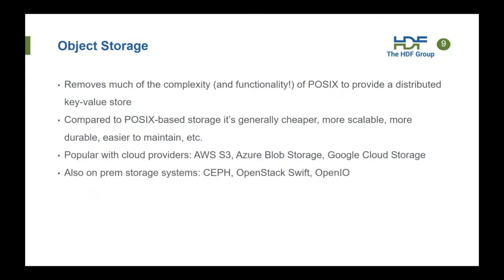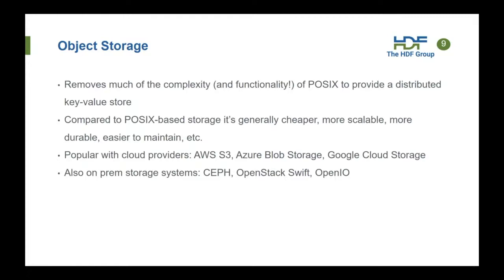So a bit about object storage. Object storage in a way is a simpler system than POSIX, right? Because you don't have the POSIX semantics, you don't have directories, all you have are keys and objects. For organizations that are creating large storage systems, it's generally cheaper to build, scale and maintain than POSIX-based systems.